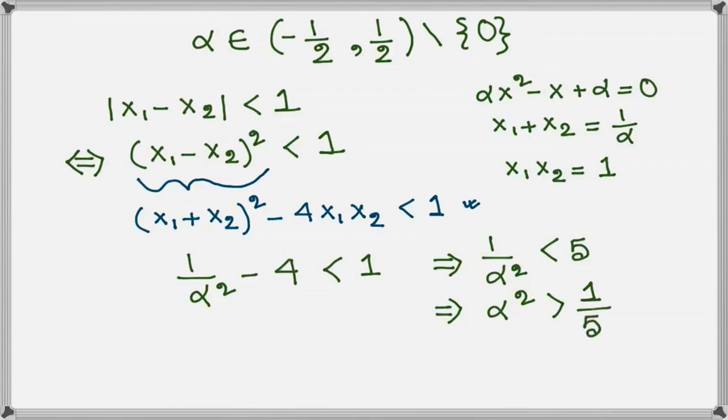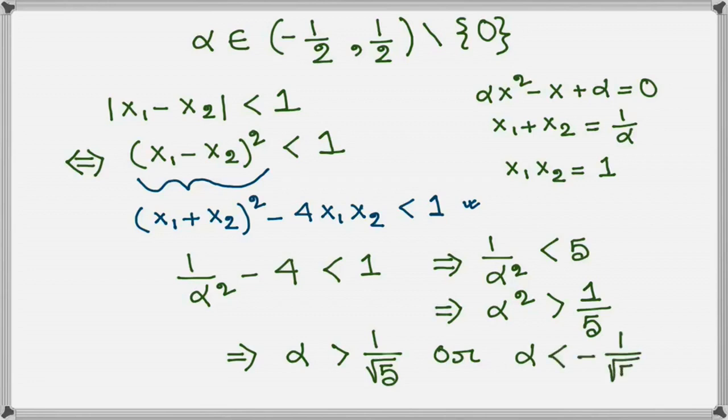So from here we can conclude that alpha is strictly bigger than 1 by square root of 5, or alpha is strictly less than minus 1 by square root of 5. Now we can write down the set S explicitly.